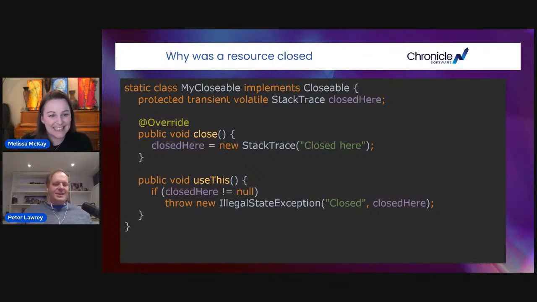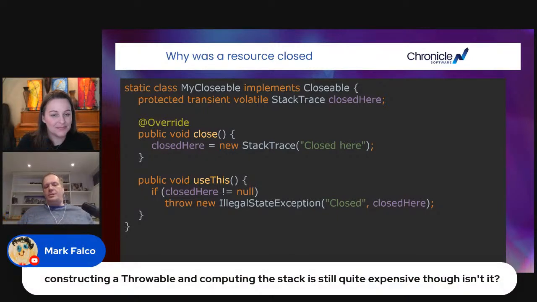It shouldn't be checking the stack trace. But if it was a flag, you'd say if closed, throw an illegal state exception closed, and closedHere would be null, which is fine. So you end up with just an illegal state exception with a message, but no stack trace as to where it was actually closed.